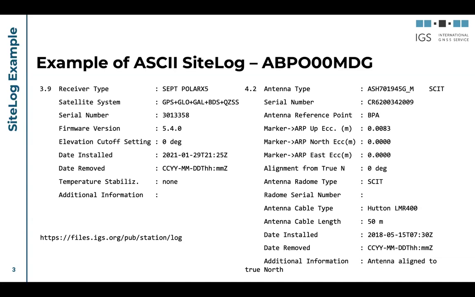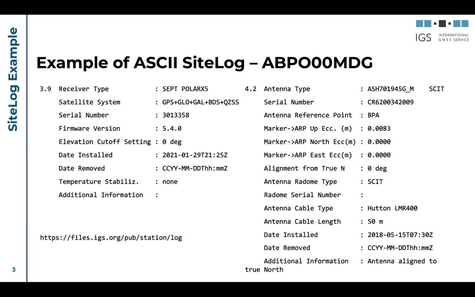Similarly, on the right side of your screen, you can see the antenna types. When the station started in 2007, I believe, it had one particular antenna with the dome installed. However, in 2018, as you see at the bottom, the antenna was aligned to true north, which constituted a new section.